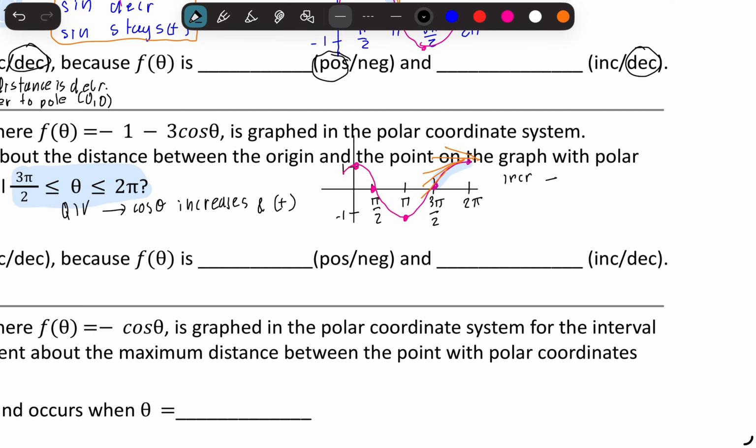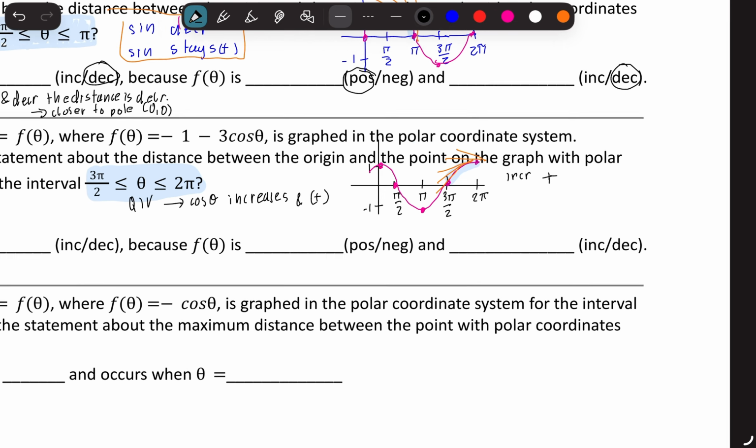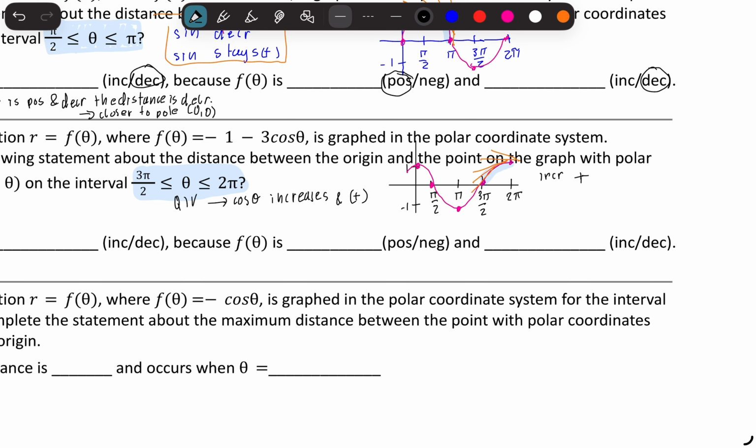And it's also positive because it's above the x-axis. Actually, no. What am I saying? That's decreasing.